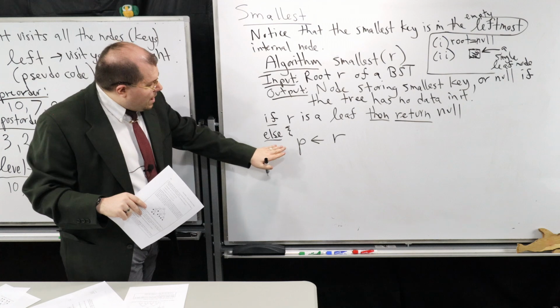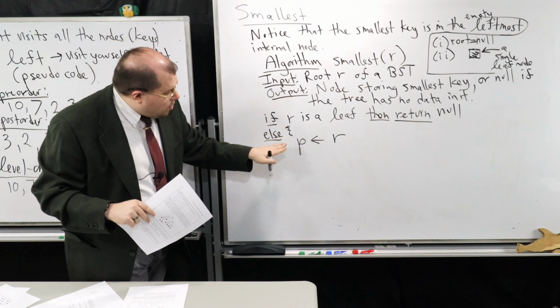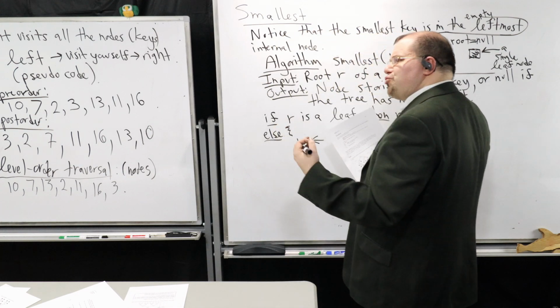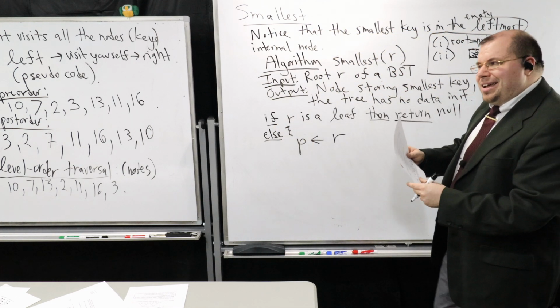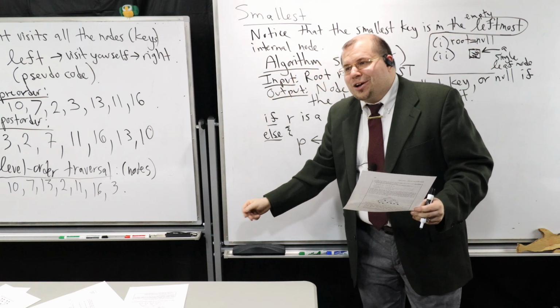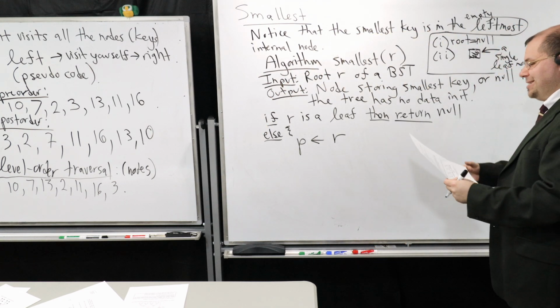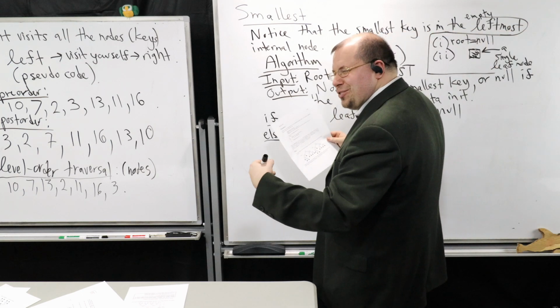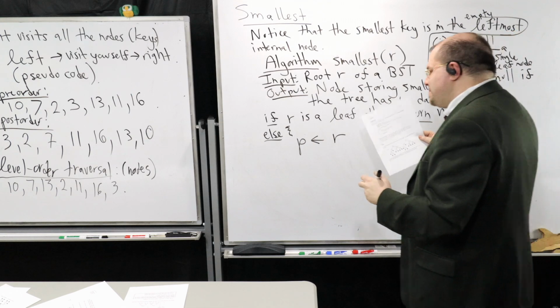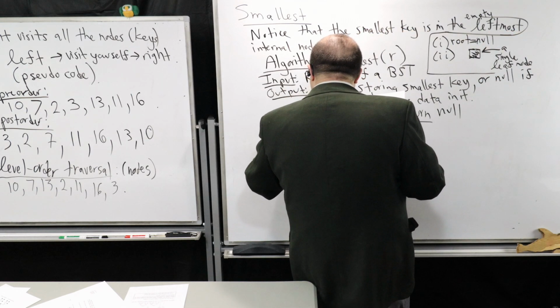Otherwise, I'm going to assign whatever R is to be P. And I'm going to use the tree almost like a linked list. I'm going to traverse through the tree just as if it was a linked list, but I'm just going to go as far left as possible. It's going to be very similar to traversing through a linked list, except I don't want to go all the way to the end of it. So watch this.